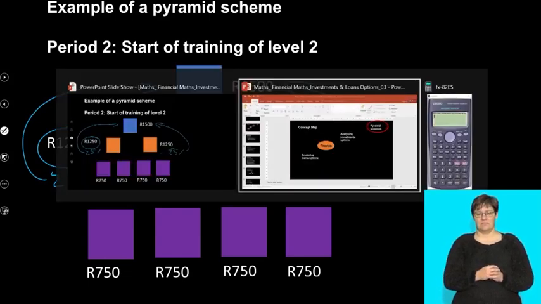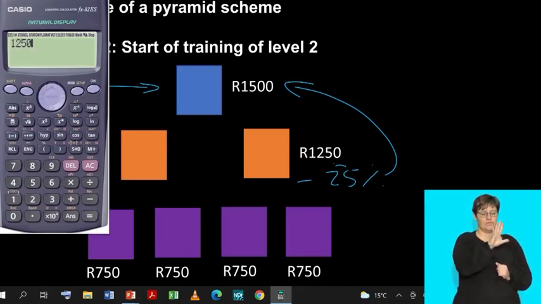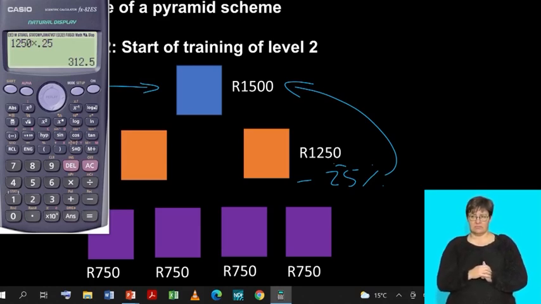So let's just quickly look at what this is. This person is sitting on 1,250 multiplied by the 25%, which is actually 312 rands and 50 cents. So both of these people are now going to pay the initial recruiter 625.